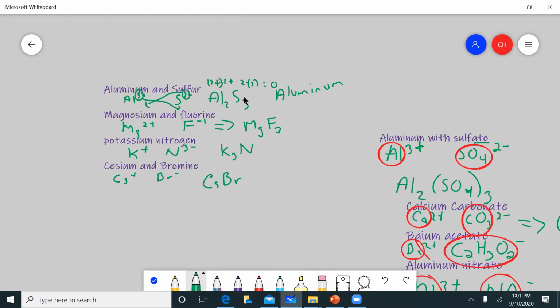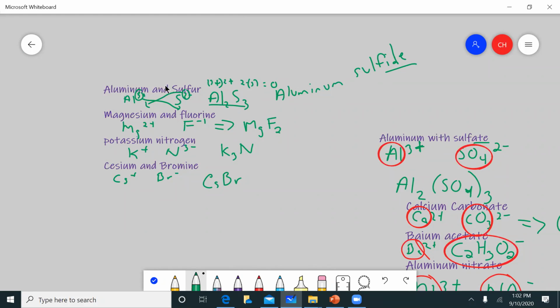Then I look at the second thing and I determine, is this a polyatomic ion or an element? It's an element, so I would write the base name of sulfur, which is sulf, and then I would IDE the end. So this thing is called aluminum sulfide. We don't call it aluminum sulfur.